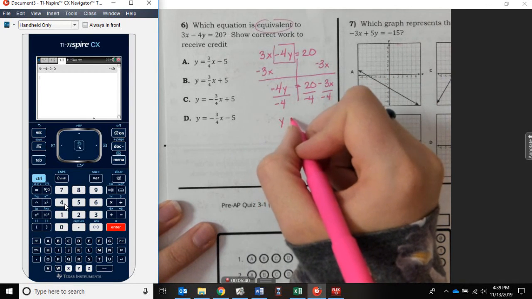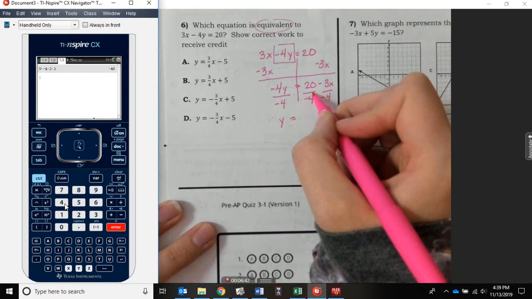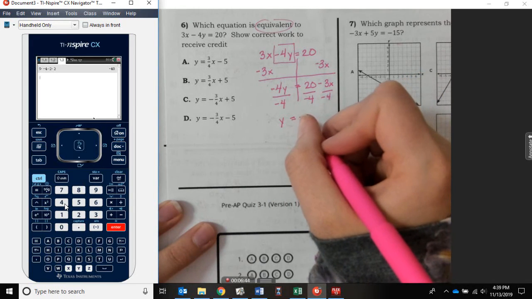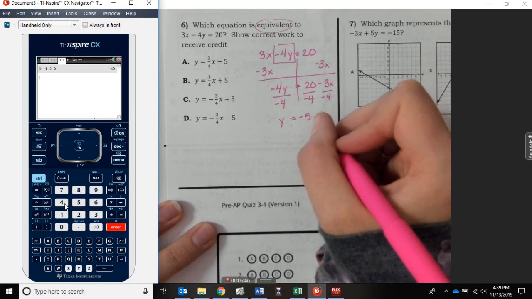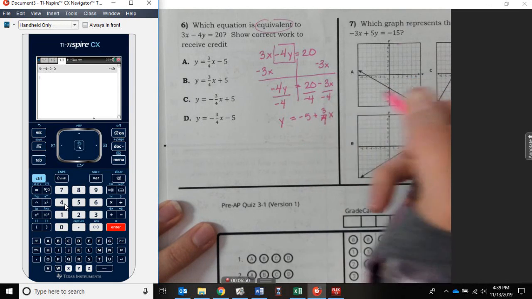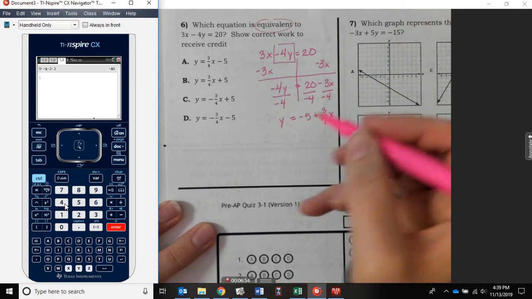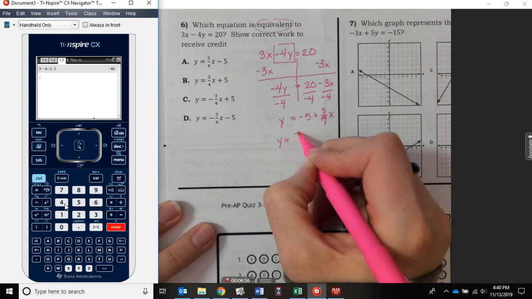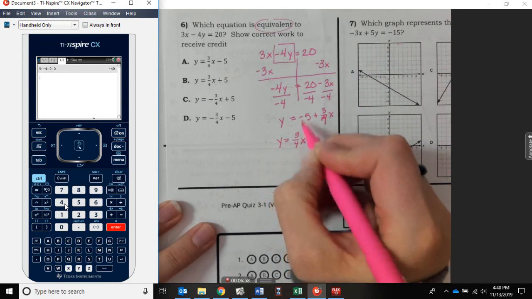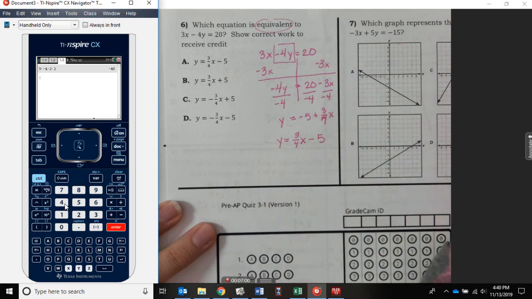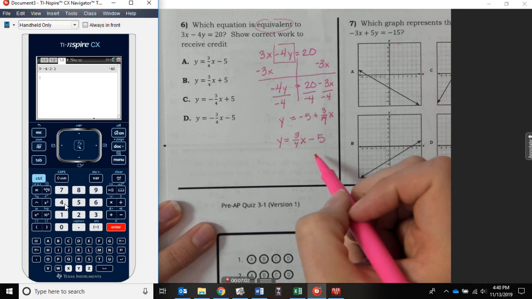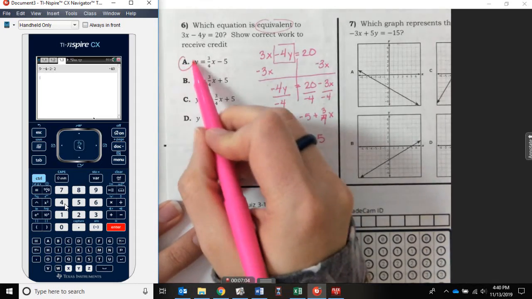So this means y equals 20 divided by negative 4 is negative 5. Two negatives here make a positive 3/4 x. Almost wrote the wrong number. Okay, so if I were to flip that around, I keep the 3/4 positive with the x, and I keep the 5 negative. So my answer was A.